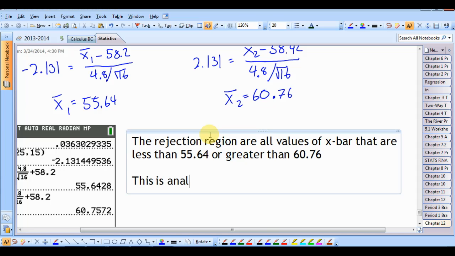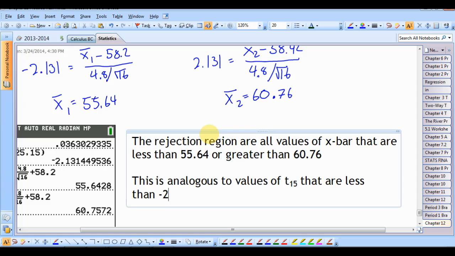This is analogous to values of t sub 15 that are less than negative 2.131 or greater than 2.131.